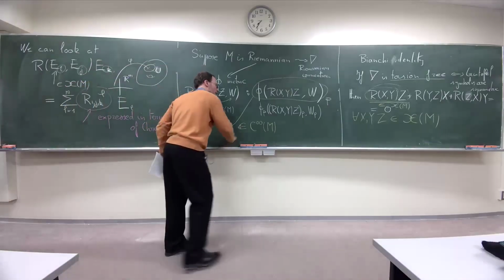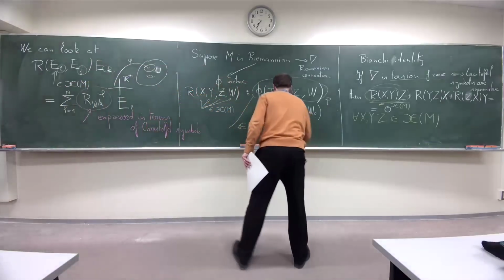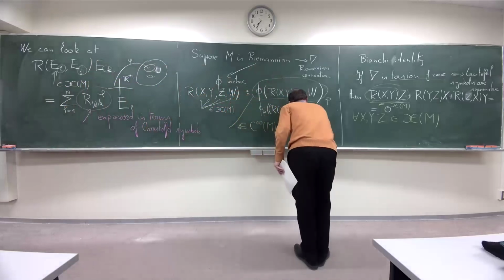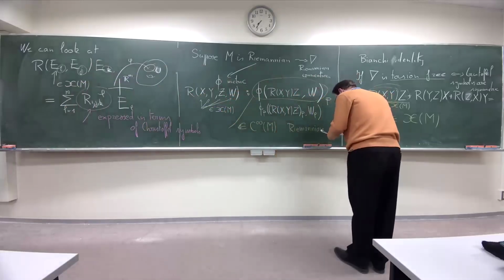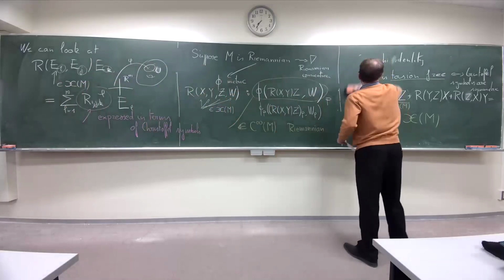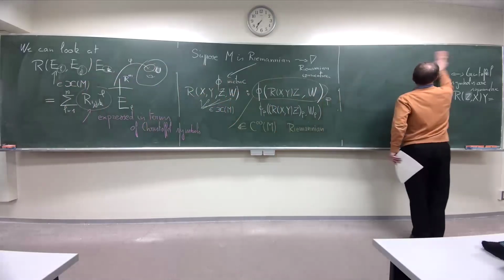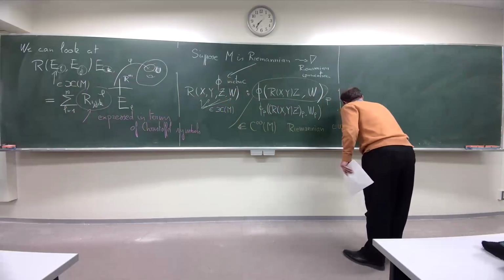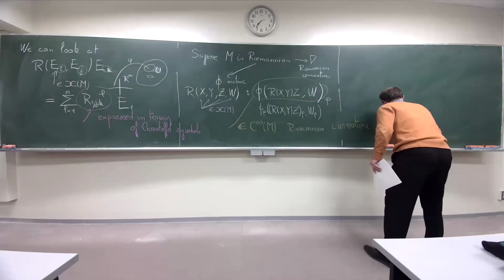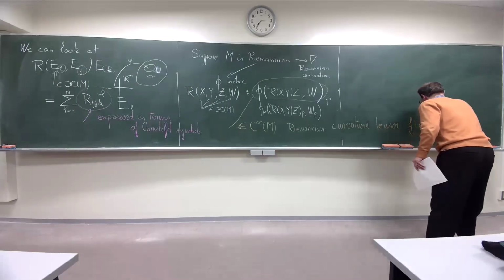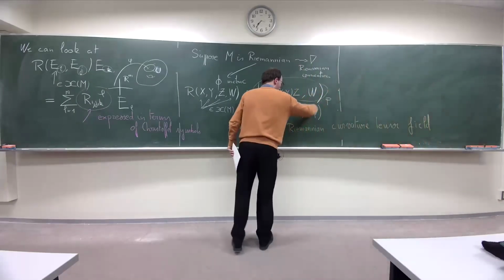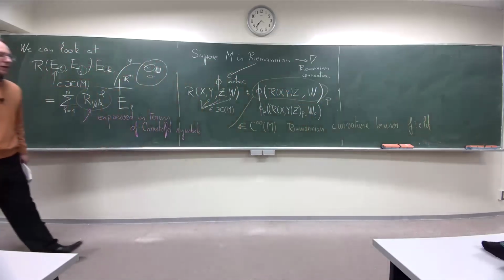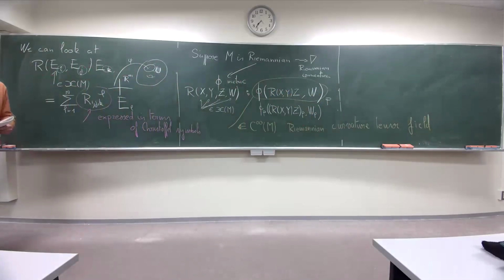It's called the Riemannian curvature tensor, because it takes 4 vector fields and it gives you a smooth function.